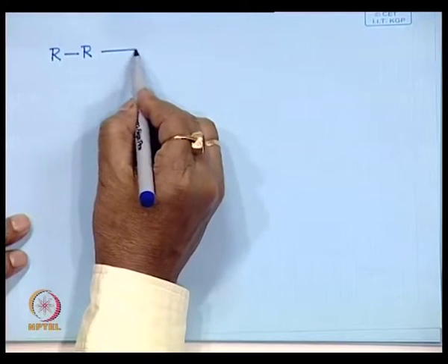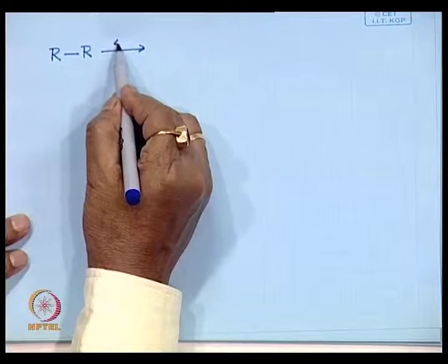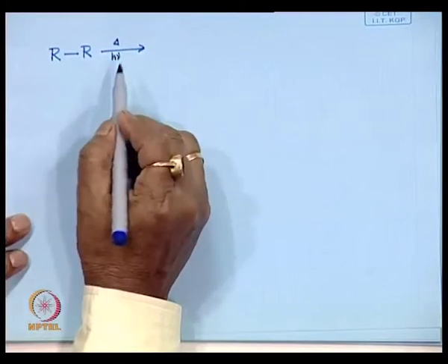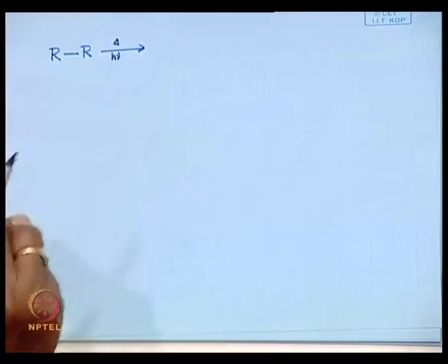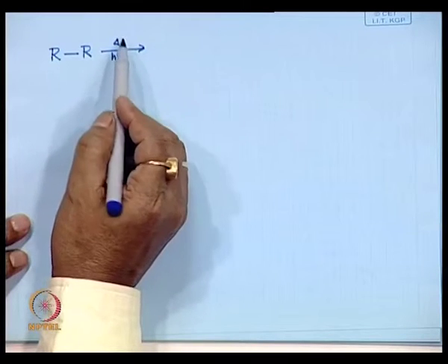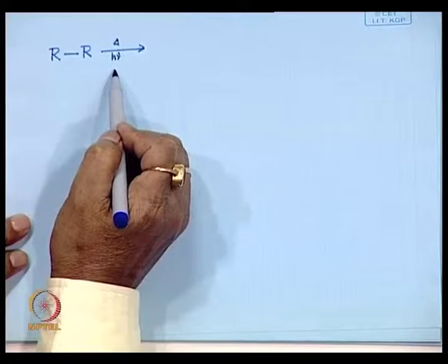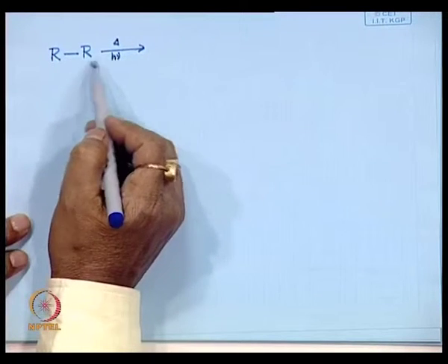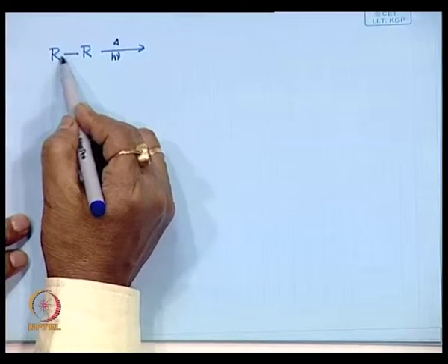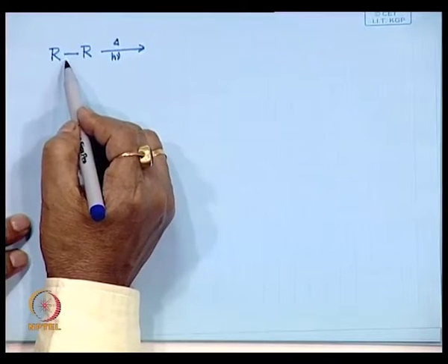Now, if some agency can break this bond, maybe heat, maybe electromagnetic radiation, or maybe some chemical agency, if the energy of those agencies, thermal energy or electromagnetic radiation energy or chemical energy, is more than the energy of this bond or bond dissociation energy, then only it can be broken.